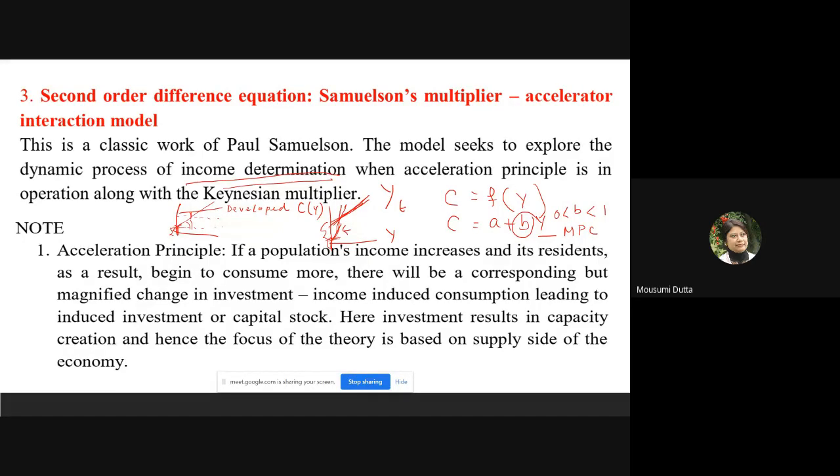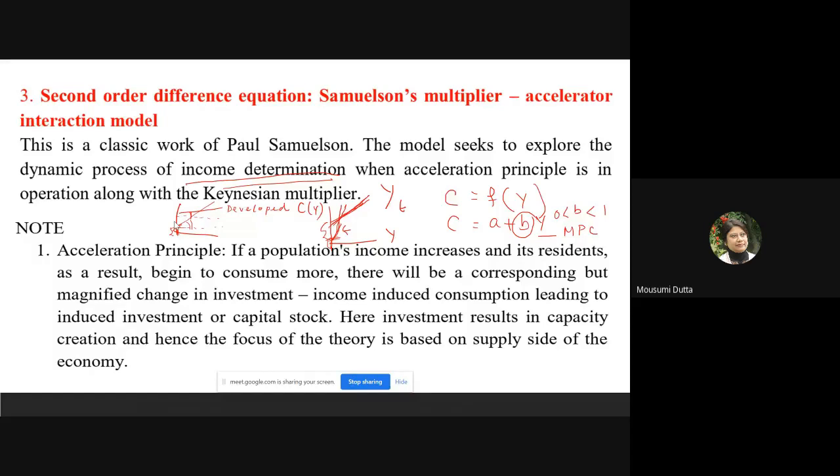Directly government may decide, or the private bodies may decide that we will go for investing in this kind of commodities. Here the things are not like that. Here, because of increased income, consumption is increasing, and that increase in consumption itself is putting interest in the mind of the producers to invest more for this kind of commodities or services.